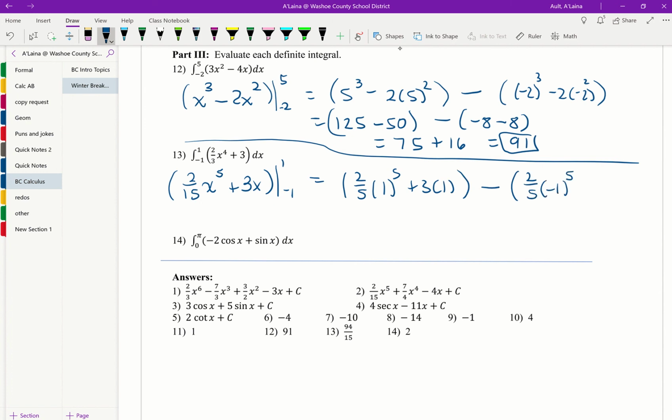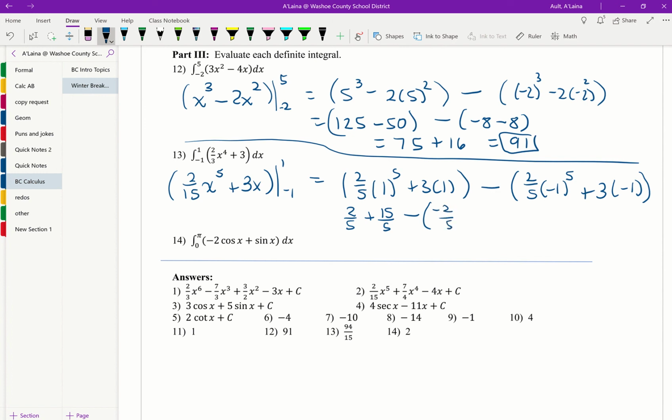I would say that negatives cause a lot of problems. Sometimes kids perhaps do a little too much in their head and they make careless errors here. Well, we know 1 to the 5th is just 1 times 2/5 is 2/5 plus 3. And since I know I'm going to need to combine these, maybe I'll write 3 as 15/5 minus, this would be a negative 2/5 since I have an odd power there.